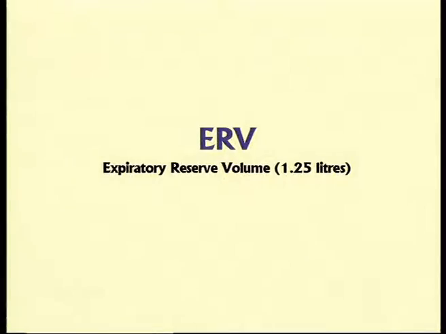The next volume of air in this spirogram is ERV, expiratory reserve volume. I have told you that in both the lungs 2300 ml of air is normally present. You inhale 500 ml of air and exhale 500 ml of air. After exhaling 500 ml, you can also exhale about 1 liter, or 1100 ml, of air forcefully.